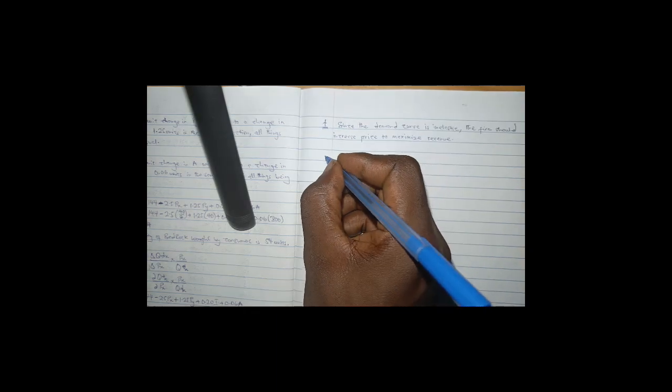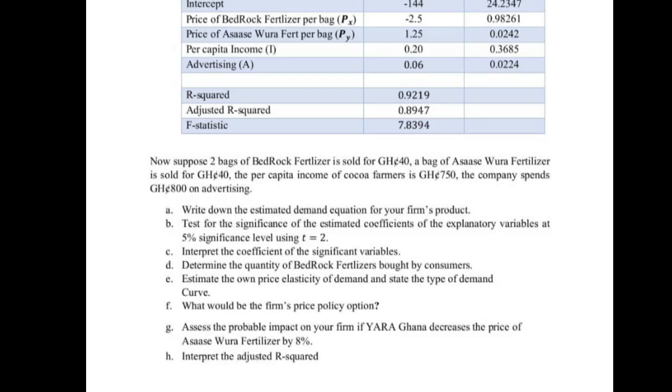Then we go to G. G says that we should assess the probable impact on your firm if Yara Ghana decreases the price of Asasira fertilizer by 8%. To answer that question, this is how you go about it.